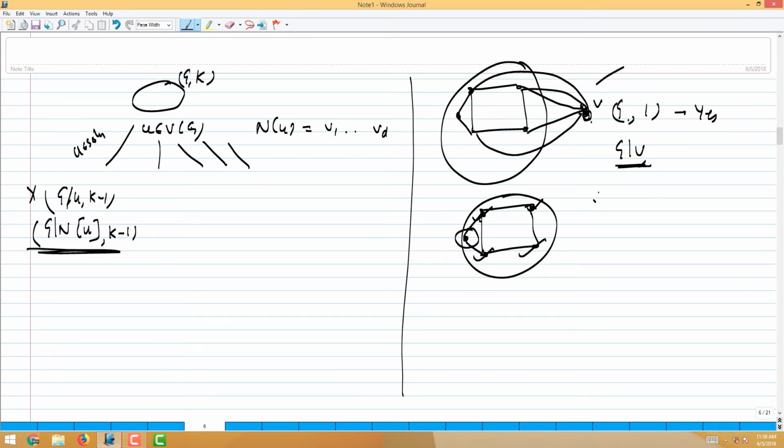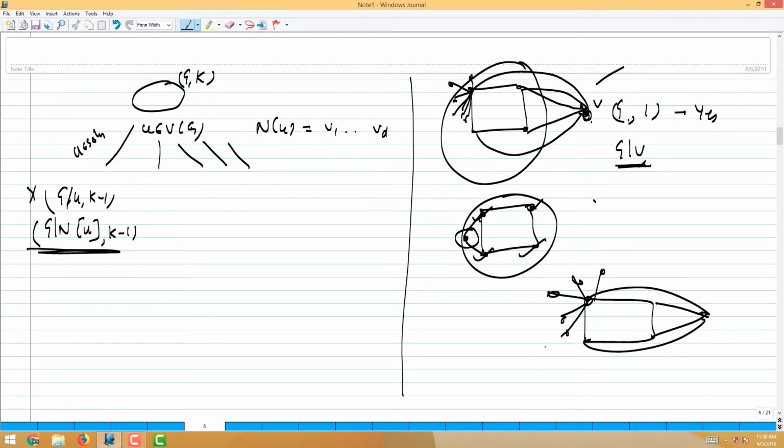For example, let's say it was this graph. There were a lot of pendant vertices associated with, okay, suppose the graph was this, and there is this vertex which has a lot of these vertices.